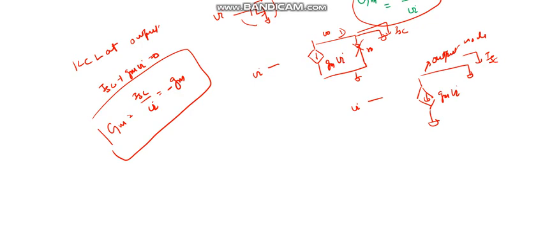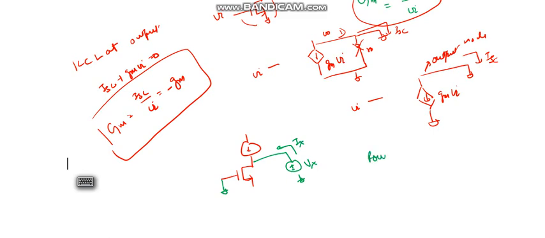Now we need to find the output resistance for this circuit. For this we make the input ground and put a Vx voltage source, and Ix current is coming from here, so R out is given by Vx upon Ix. The impedance of the current source is infinity, and now Vgs is 0.